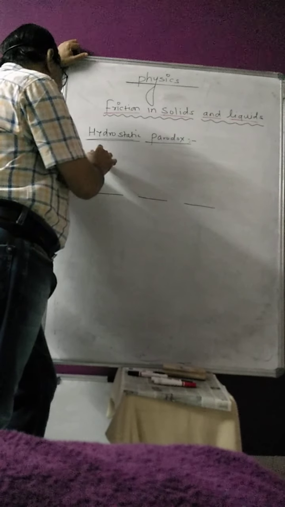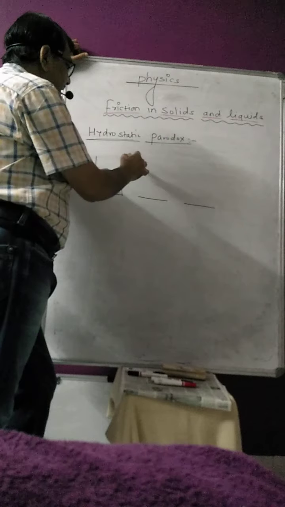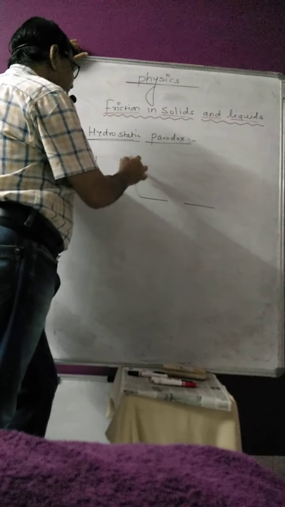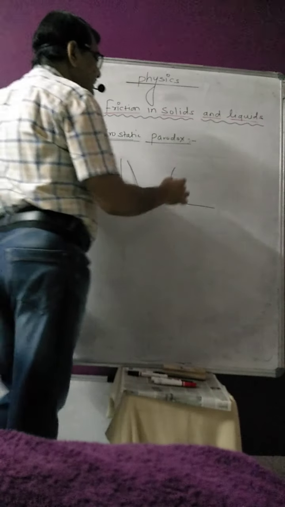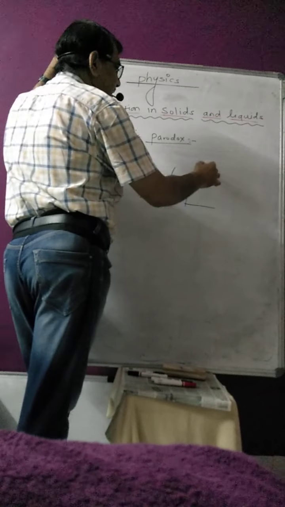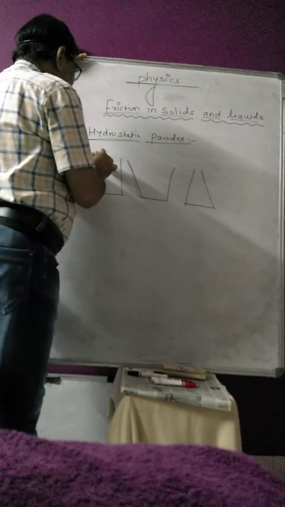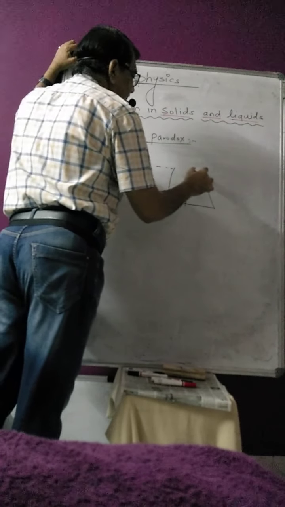The first container I will draw like this, a cylindrical container. The second container I will take like this, a little bit slanted, base is the same. And this container is again slanted, base is the same. But the height of the liquid filled in the three containers is the same.